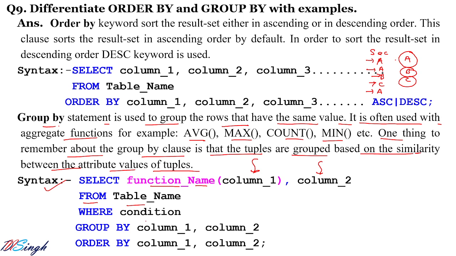From table name, where condition, group by column name, and then you can give the order by. So group by on the first column, and if the values in the first column are the same, then we can also have a second column group.